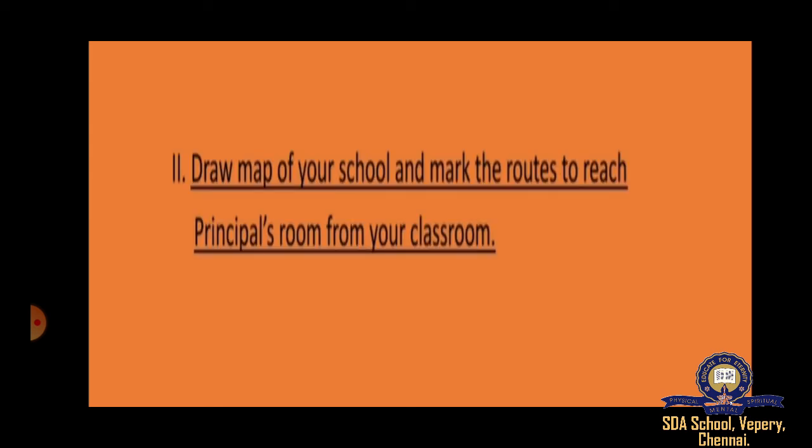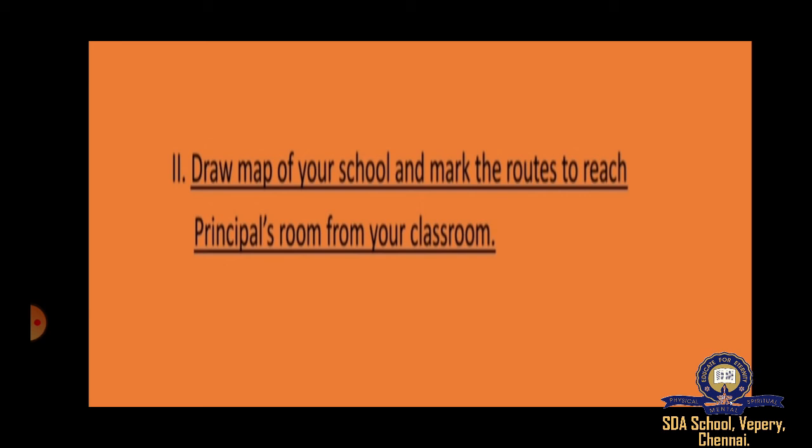The next thing you have to know is how to draw a map of your school. You should draw a map of your school, especially the main campus, that is the primary school campus only, not the secondary or higher secondary, along with the office room and principal's room, as well as your primary classes.